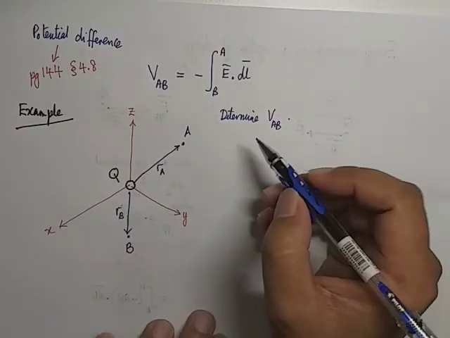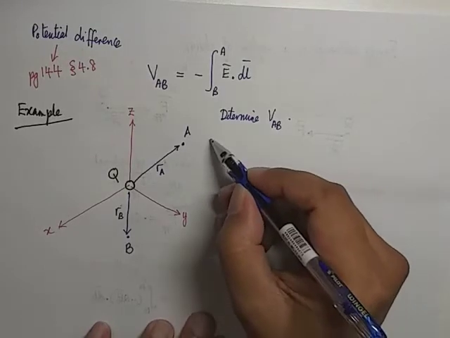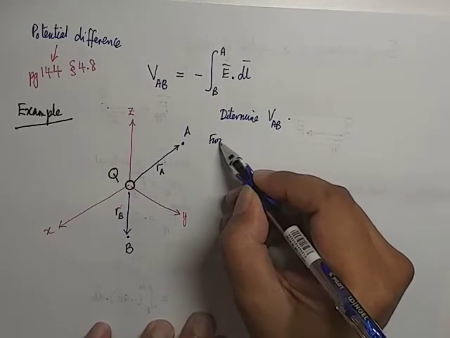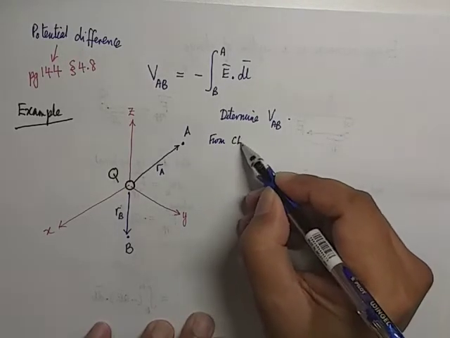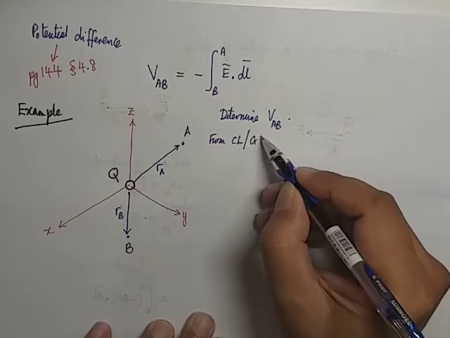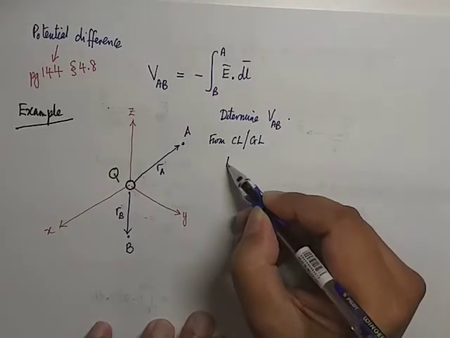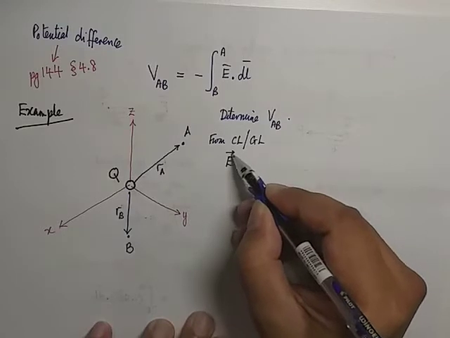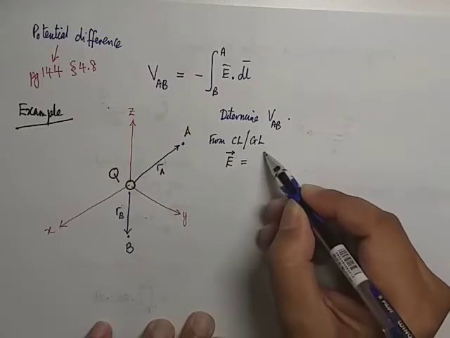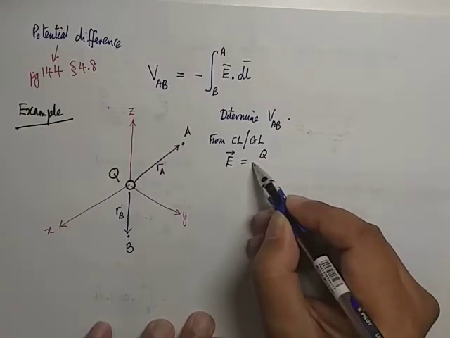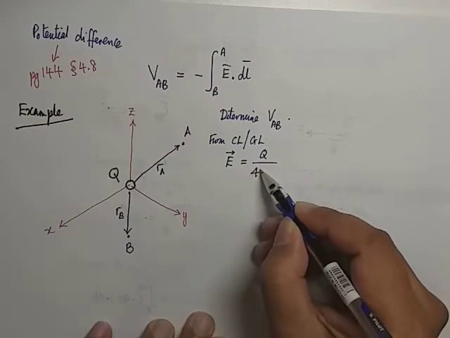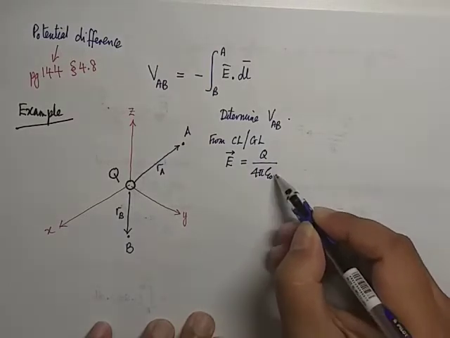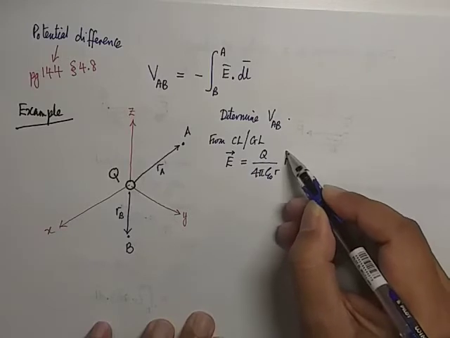Now I'm going to define it from Coulomb's law, or you can also use Gauss' law. The E emitted by our point charge is going to be equal to Q divided by 4 pi epsilon naught R squared, in the R direction.